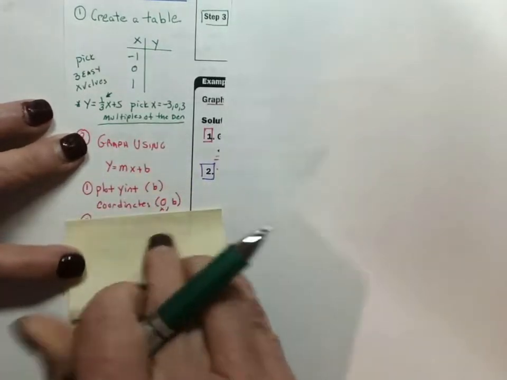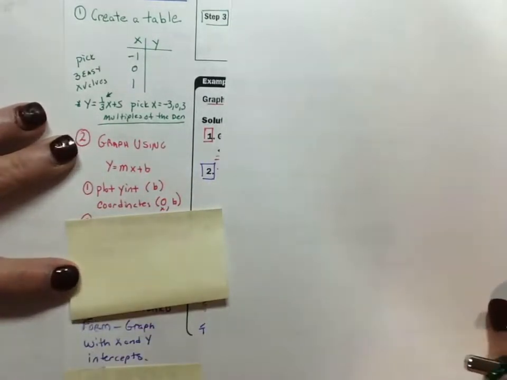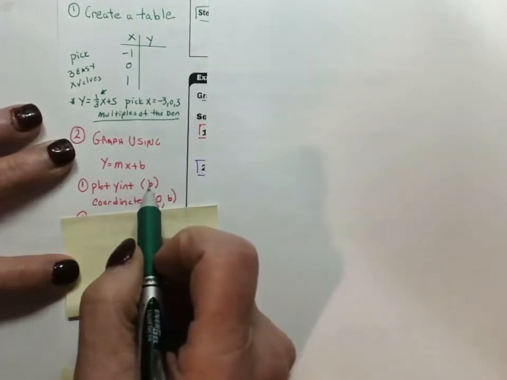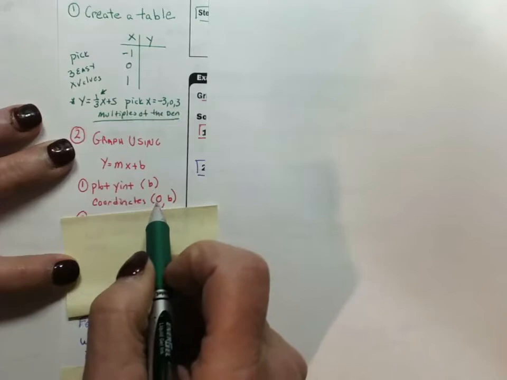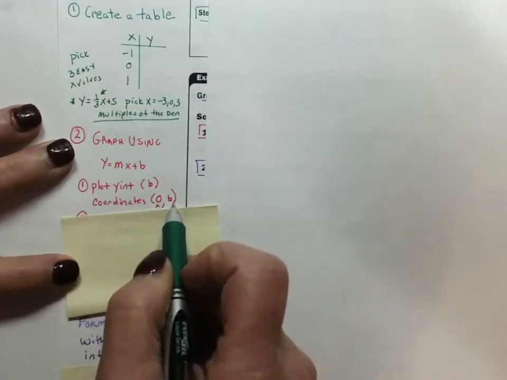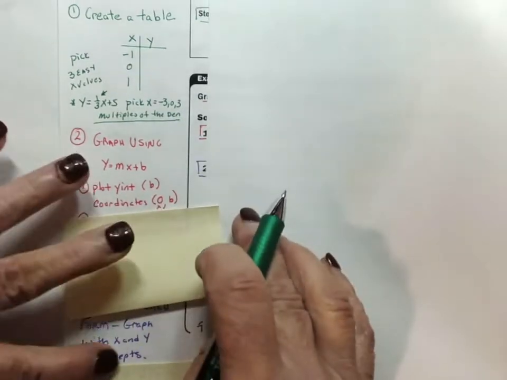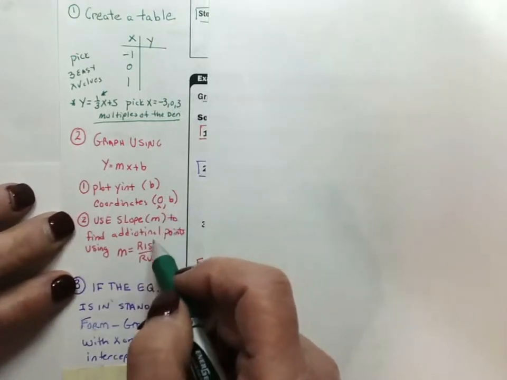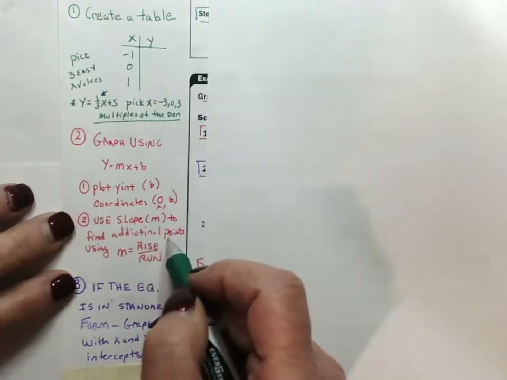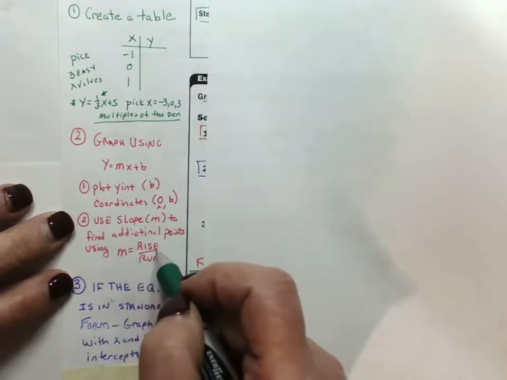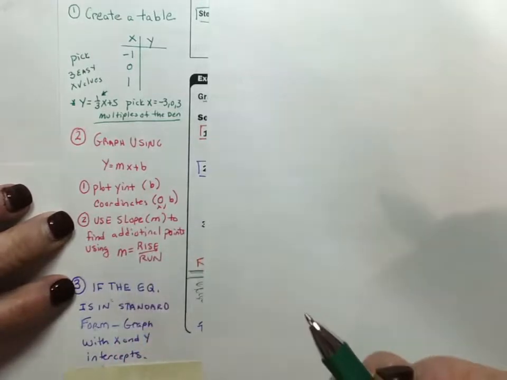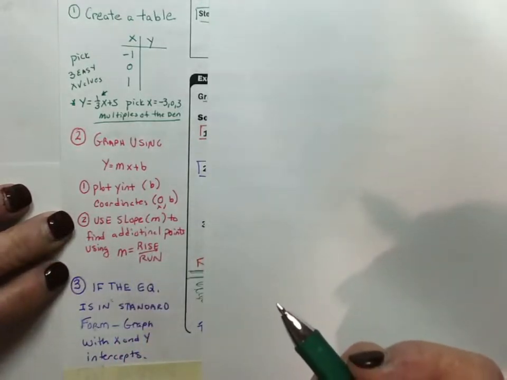And the first thing that you plot is going to be the y-intercept, which has the coordinates 0, b. Then you're going to use slope, m, to find additional points. And because we're graphing, you're going to use slope with rise over run.